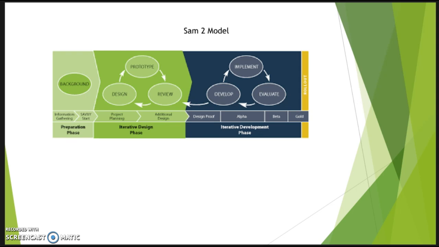The iterative development phase is where we go through our alpha, beta, and gold phases and rotate through development, implementation, and evaluation. Even for larger projects, Sam is the man.